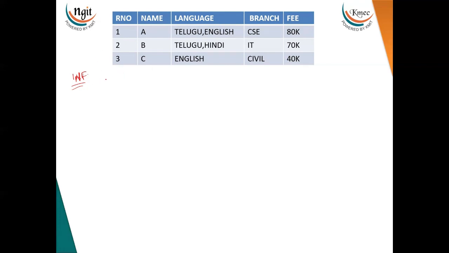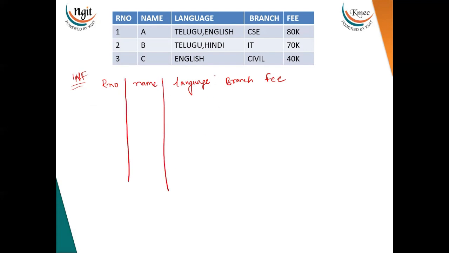I'm going to write down the attributes which we have from the above relation. That is roll number, name, language, branch, and fee. As 1NF says that there are no repeated groups to be present in any of the attributes, we are converting the above relation into first normal form.